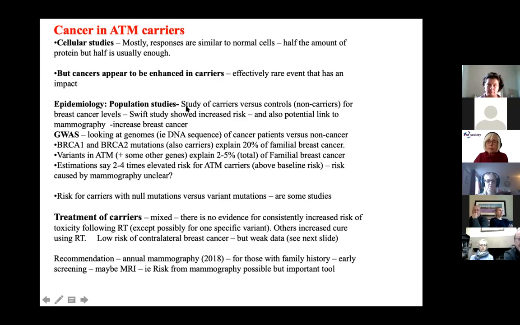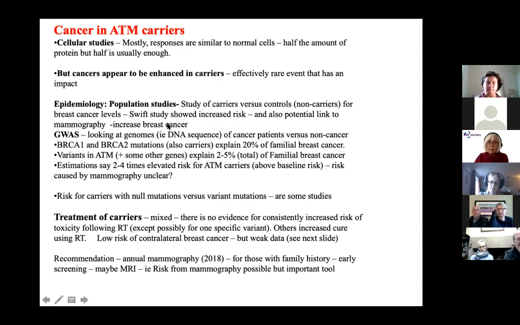And they particularly looked at breast cancer, simply because breast cancer was a more common cancer. And Swift was the name of the scientist who drove these early studies, and he showed there was an increased risk of breast cancer with a potential link to mammography. That is not completely unsurprising, although I think this has still not been particularly solidly consolidated.